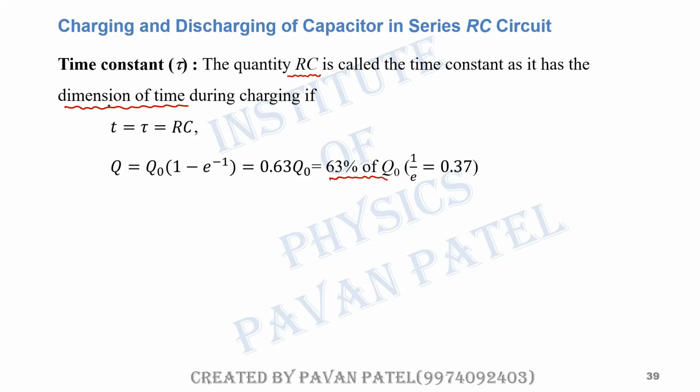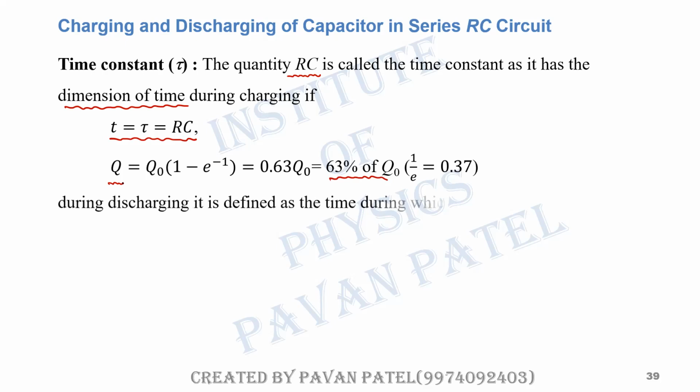So when time t = RC, which is called the time constant, during the charging process the charge Q is equal to 63 percent of the total charge Q0. Please try to remember that.